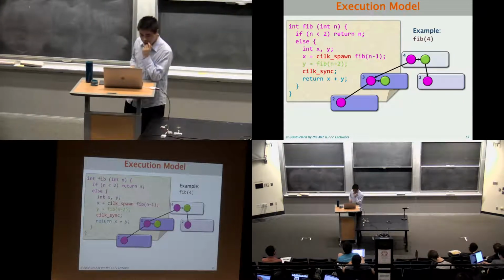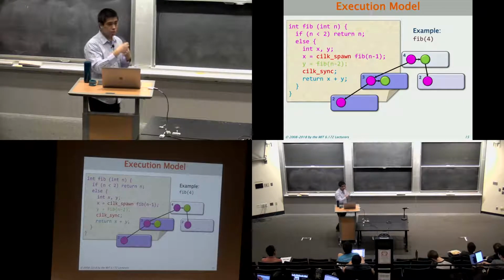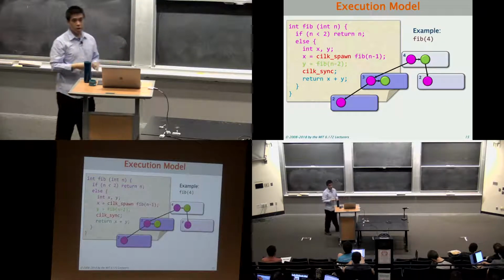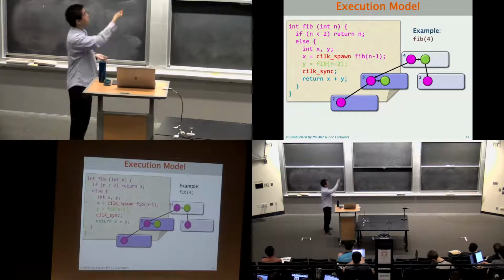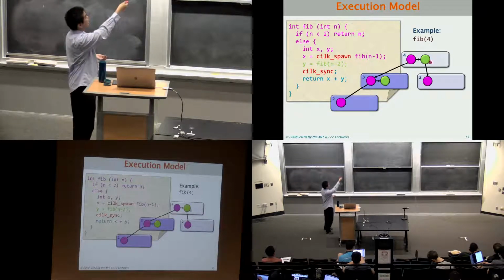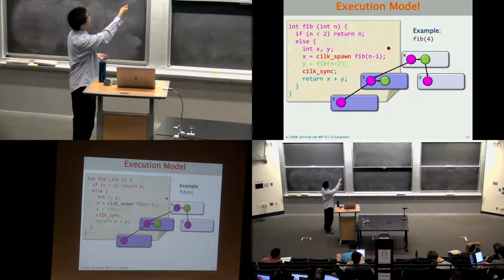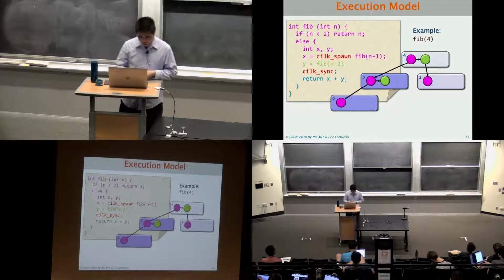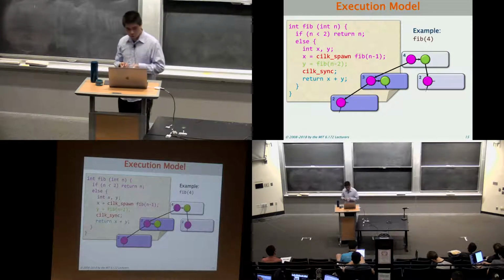So in general, when I do a spawn, I'm going to have 2 outgoing edges out of a magenta node. And when I do a call, I'm going to have 1 outgoing edge out of a green node. So for this green node, the outgoing edge corresponds to a function call. And for this magenta node, its first outgoing edge corresponds to a spawn, and then its second outgoing edge goes to the continuation strand. OK, so I can unfold this one more time.